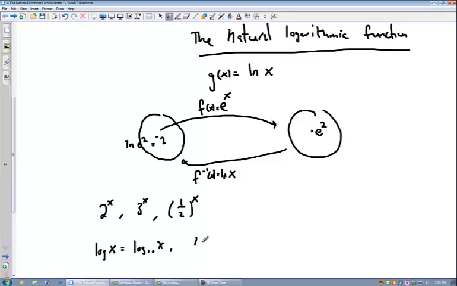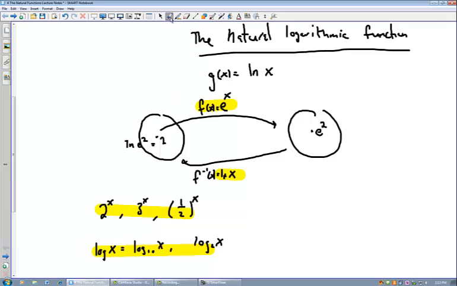You can certainly do log base 2 of x. The important thing to realize here is that you really do not need to understand these types of exponential functions, or even these types of logarithmic functions, as long as you understand e to the x and ln of x.